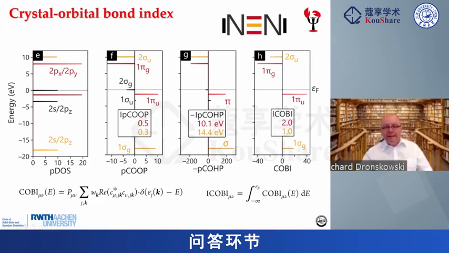And then you can see in the crystal orbital overlap population, the crystal Hamilton population, those levels. This is the sigma bonding level. This is the pi bonding level. Then there's another little sigma level, which hardly contributes to chemical bonding. And when you integrate this with the crystal orbital bond index, this gives you 1, and this gives you 2. So this gives you the bond order. This gives you the energy contribution in the band structure energy. And this gives you the overlap.